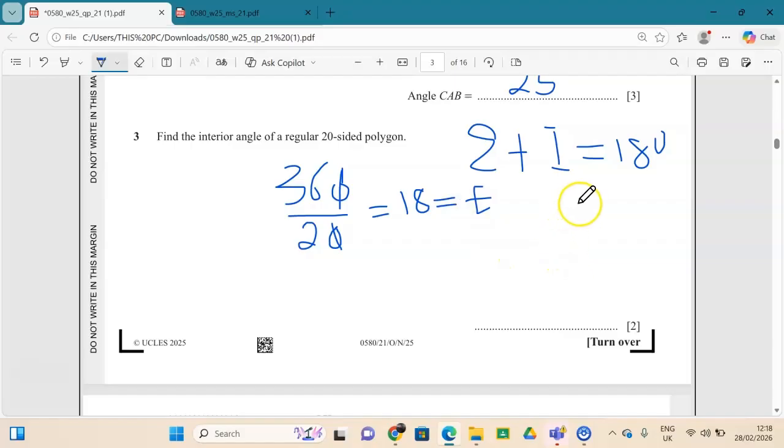I'm going to simply say 180 minus 18. This becomes 2, we are left with 7, and 7 minus 1 gives us 6, and we bring down 1. So 162 degrees. All the interior angles of a regular polygon are meant to be equal.